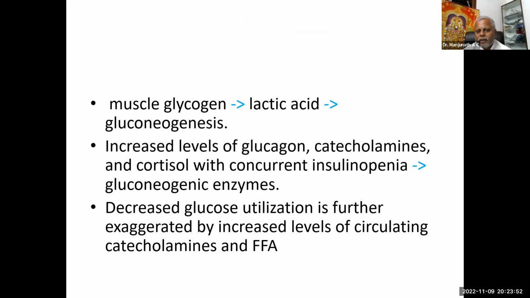The increased level of counter-regulatory hormones will lead to activation of the enzymes that are in the gluconeogenic pathway, and this also contributes to gluconeogenesis. And decreased glucose utilization is further exaggerated by increased levels of circulatory catecholamines and free fatty acids.